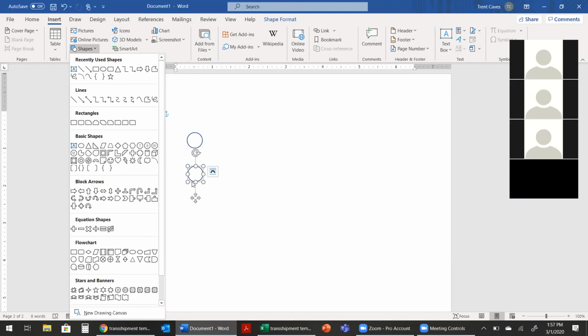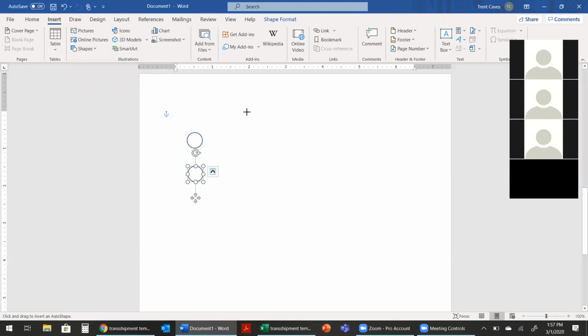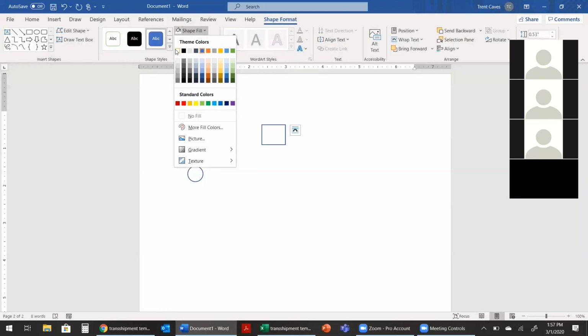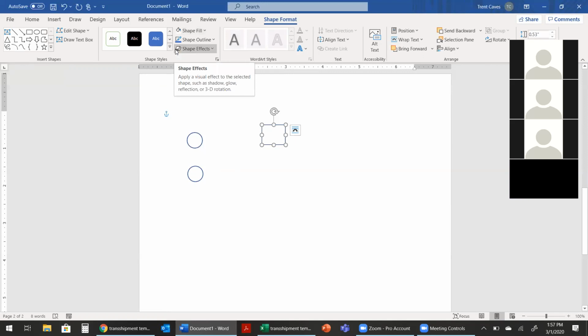So we start with our plants. I'm going to use squares for our warehouse. And having different shapes makes it easier to distinguish between the two. Once you draw the shape once, you can just highlight the shape, copy it, and paste to get a second shape.